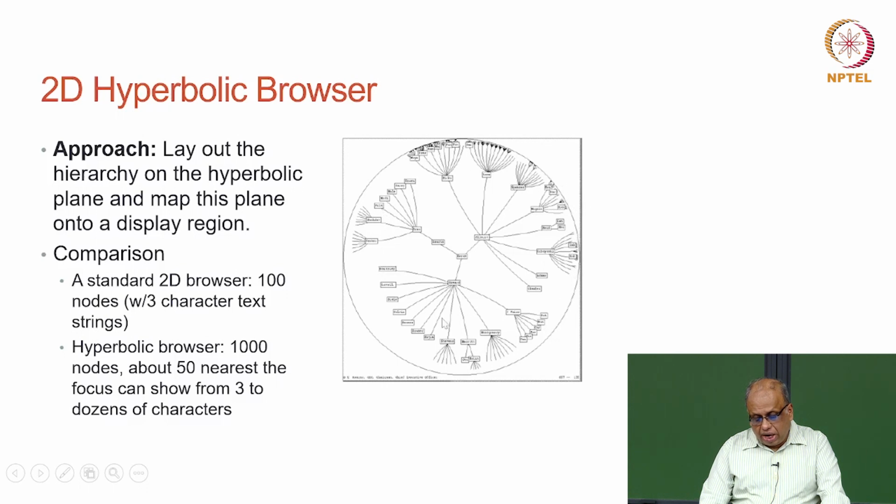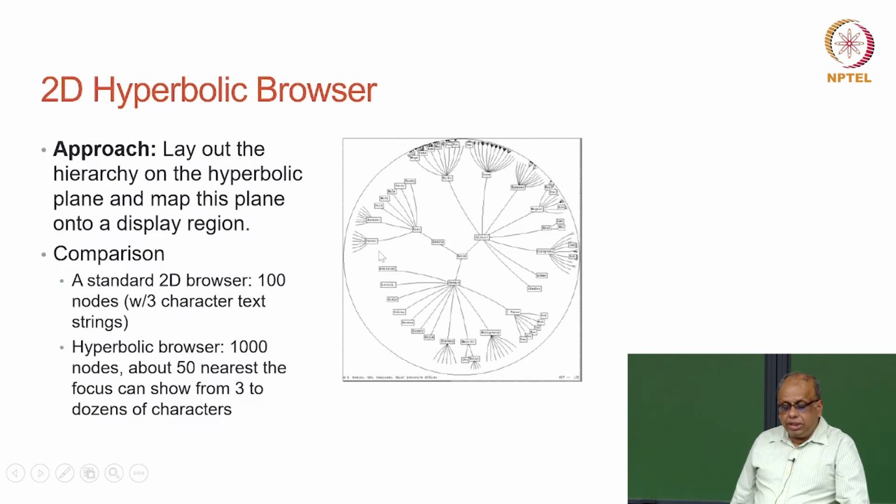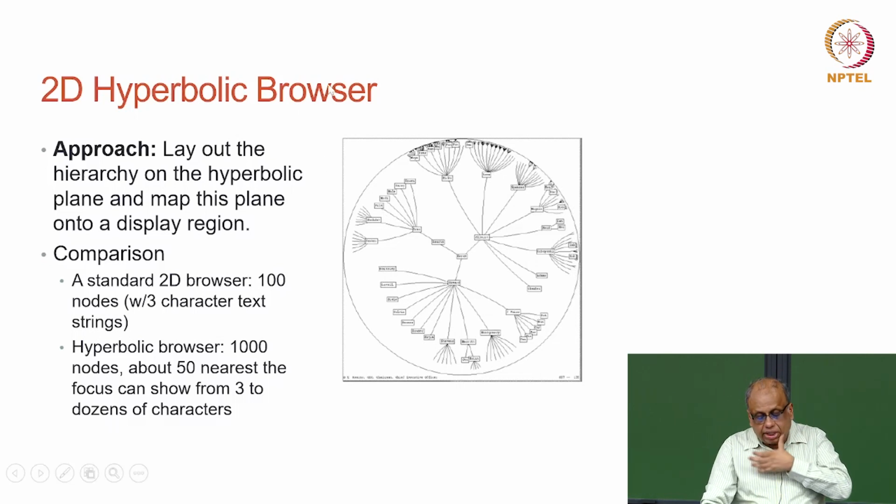So the other approach people have used for drawing large hierarchies and large graphs is using a hyperbolic browser. In a standard 2D browser, 100 nodes can be shown, while in a hyperbolic browser, 1000 nodes can be shown easily because they have more circumference at the end.